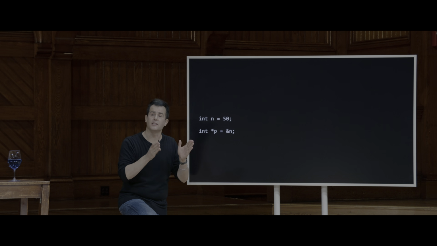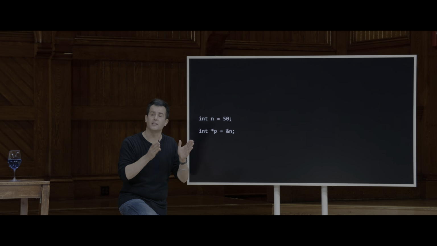I can do one more thing when it comes to my computer's memory. In VS Code here, let me clear my terminal again. And let me see if I can perhaps kind of reverse this process. If n is 50 and p is storing the address of n, wouldn't it be interesting if I could somehow express go to the address of n and tell me what is there? So to do that, I'm just kind of undoing all of the intellectual work I'm doing here.